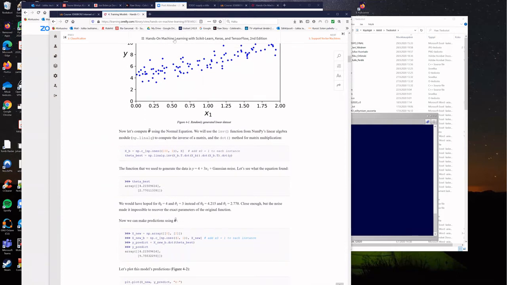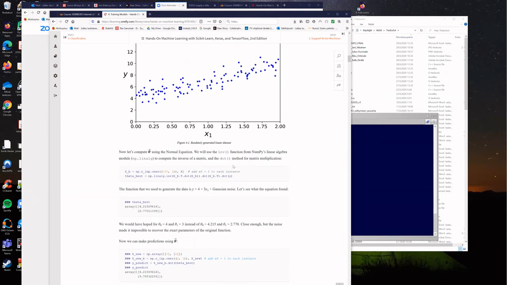The original data was generated using this kind of formula: y is 4 plus 3x plus some Gaussian noise, and now the algorithm predicts the values 4.2 for the constant part and 2.77 for the slope. So in an ideal world, we would of course get the values 4 and 3, but because there is quite a lot of noise in this data set, we get something else.